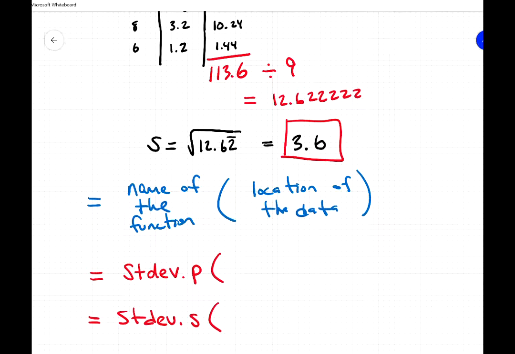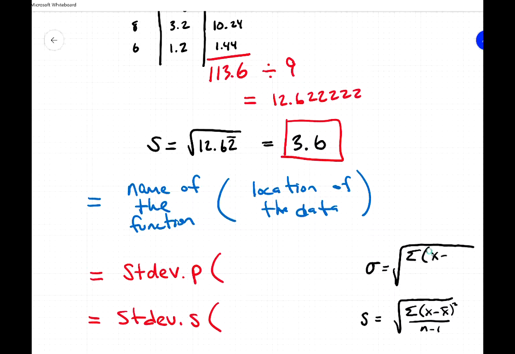We have the sample standard deviation, which we just used. S equals the square root of the sum of x minus the mean, squared, divided by n minus 1. And then we have the population standard deviation, which is almost the same, but not exactly the same. The sum of x minus the population mean, squared, divided by the size of the population.